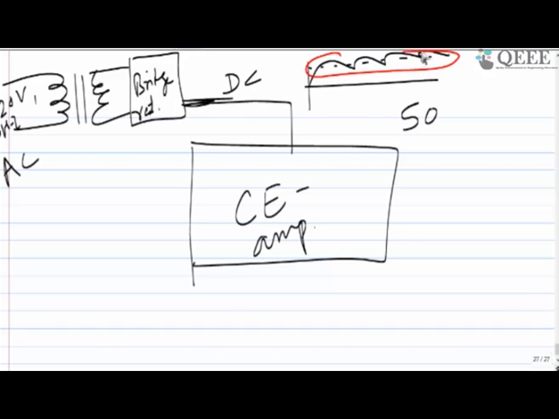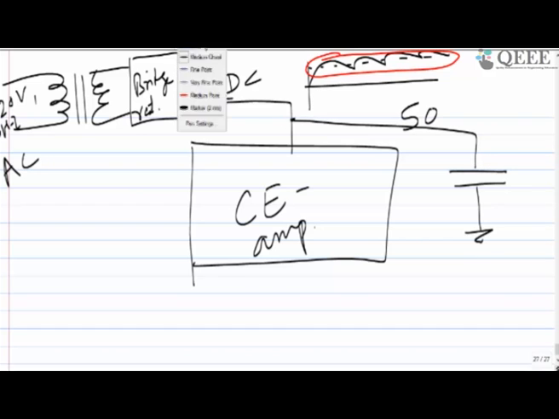First of all, look at this. This is not stable. It has to be always the same voltage which is applied to my common emitter amplifier. So what I can do, I can apply a big capacitor. The role of this capacitor is that it can only allow AC.